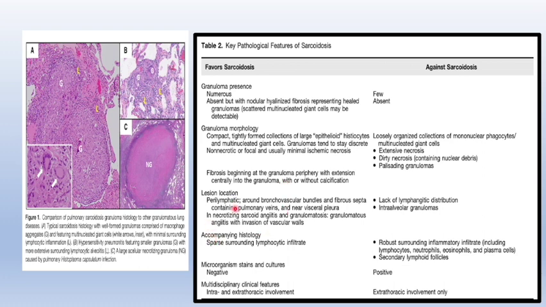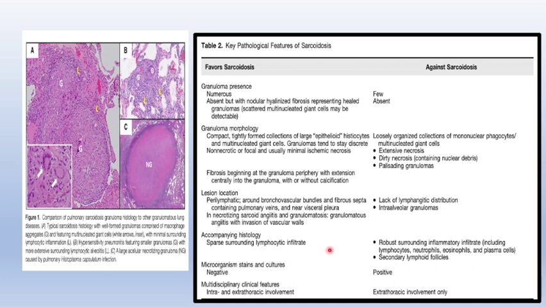The lesions will be perilymphatic around the bronchovascular nodules, fibrous septas, and they may also show invasion of the vascular walls in case of necrotizing sarcoid angiitis. You may see lymphocytic infiltrate around it. You would typically not have AFB ZN stains positive, and you may see both intra and extrathoracic involvement.